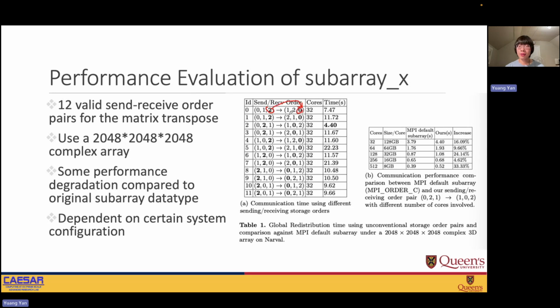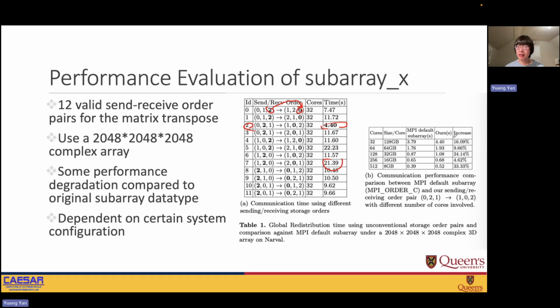There could be 12 possible combinations, and the time varies a lot. The longest one could cost 5 times as much as the shortest one. We use the shortest one, and it is wise anytime when using our algorithm to first measure the performance of communication, because it's system dependent. It does not always happen to be the second combination that has the best communication performance.